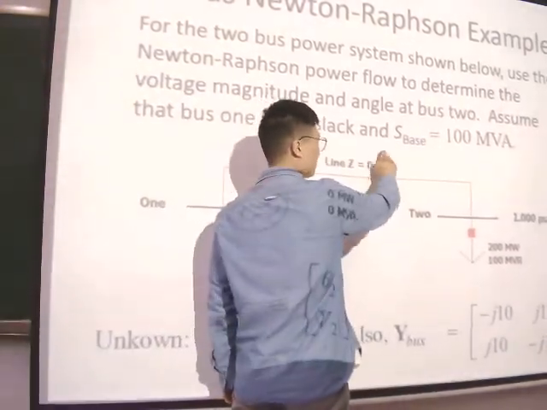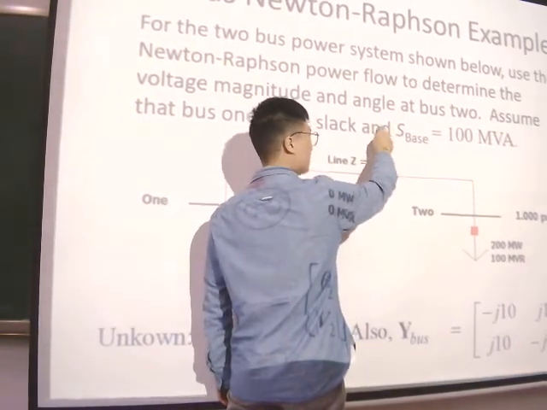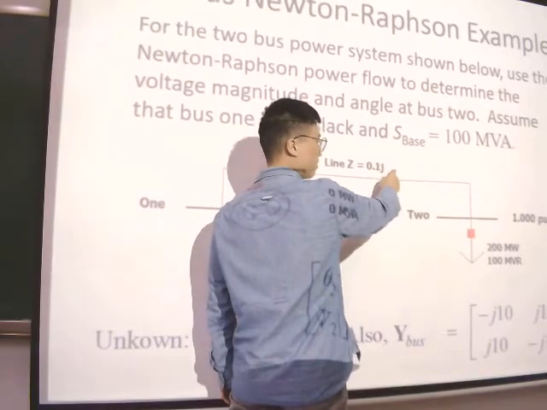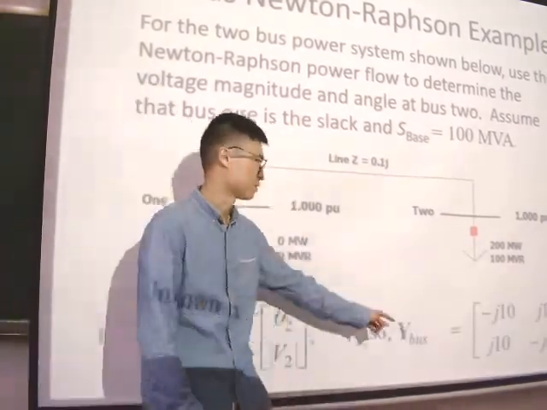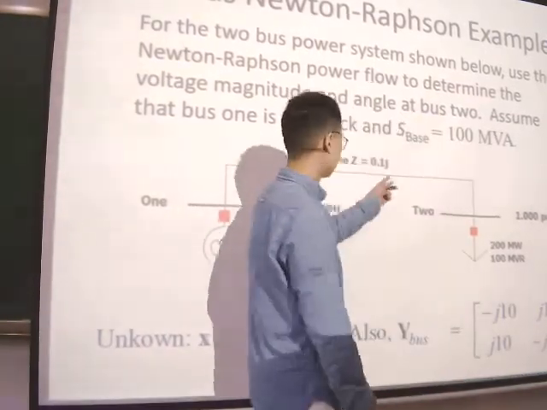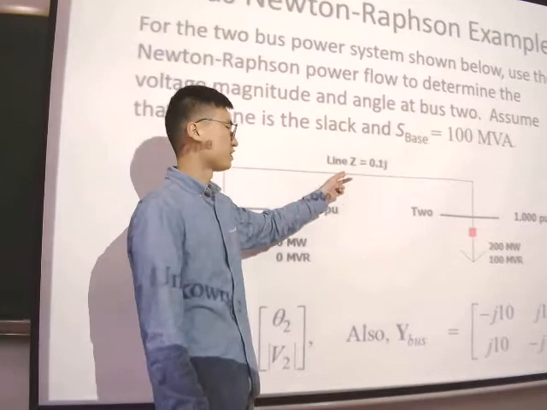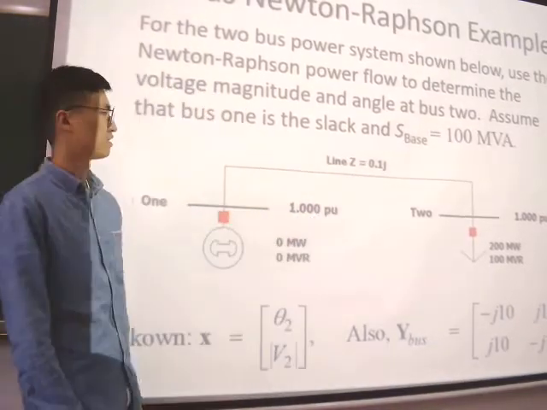The denominator is j, and if we multiply by j squared it is equal to the negative. So the line admittance here is actually negative 10j.